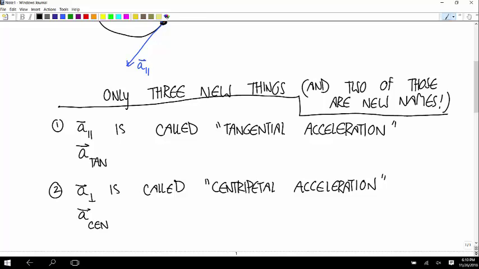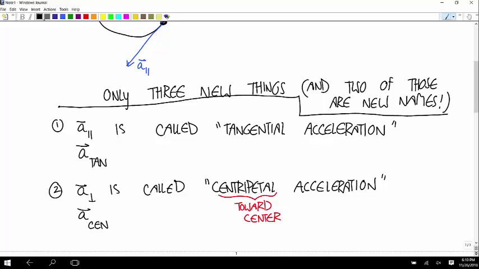It's called that because if something's moving along a circular path, that perpendicular acceleration always points towards the center of the circle. So that's what this word centripetal means: toward the center. Okay, so two of the three new things are just that we have to call old stuff new names.